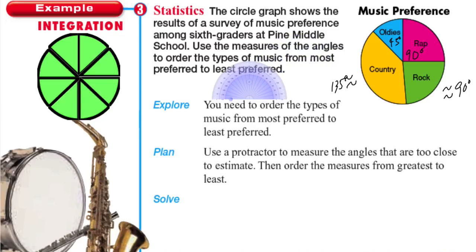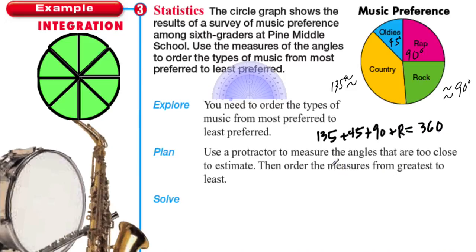Now what do we know? We know that the total measure of all the angles of a circle will be equal to 360. We know that this is 135 degrees for country. We know that all this is 45 degrees. We know that rap is 90 degrees. So what will be the measure of rock, which will make it 360?